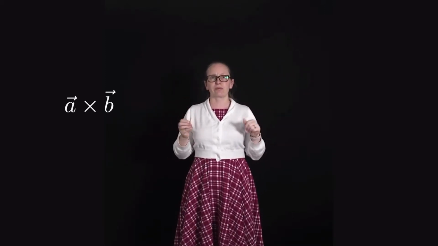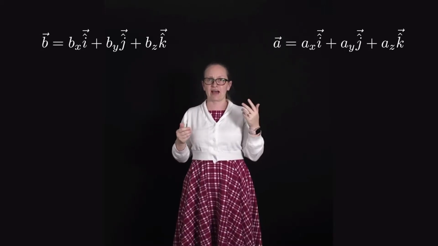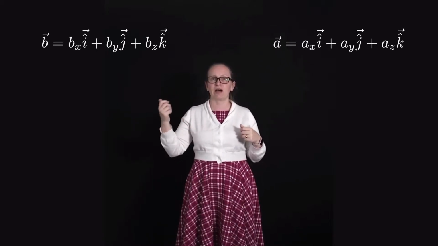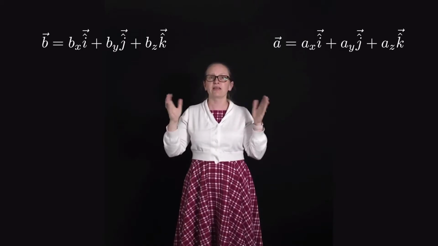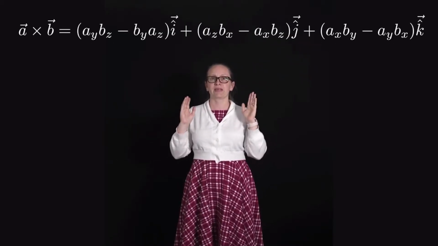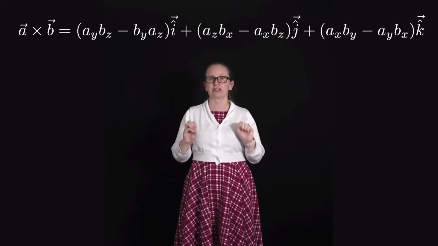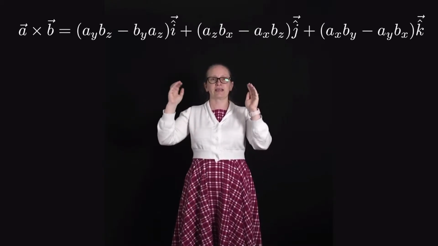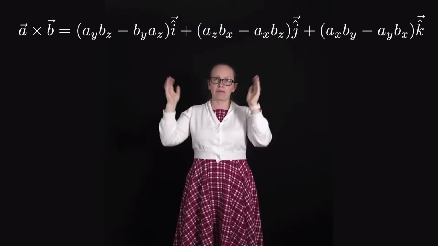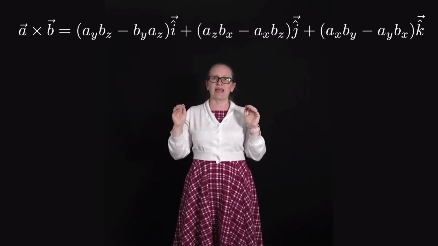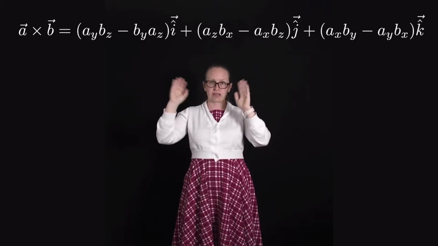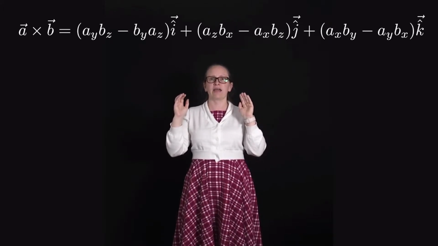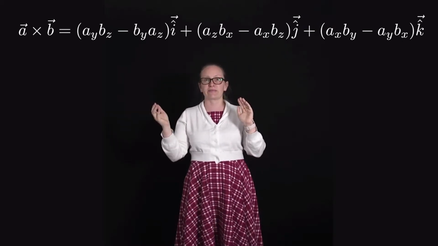If we want to take the cross product of a vector A, which is AXi plus AYj plus AZk, and B, which is BXi plus BYj plus BZk, then we can calculate A cross B as equal to, okay, this is long, but it is on your formula sheet: (AYBZ minus AZBY) in the i direction, plus (AZBX minus AXBZ) j, so that's the j component, plus (AXBY minus AYBX) k, so that's the k component.